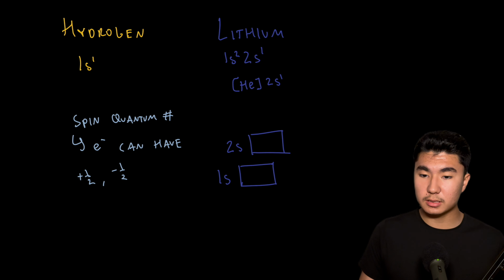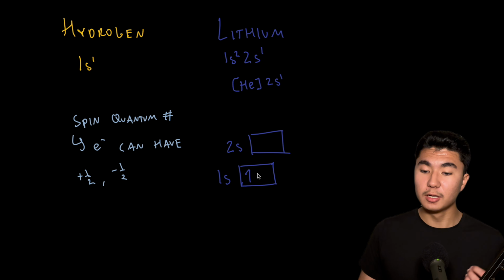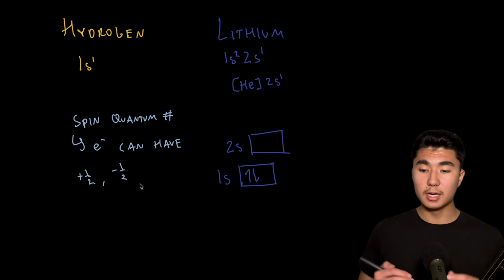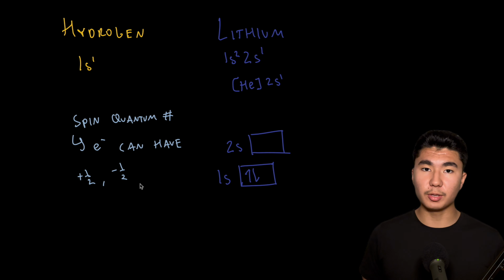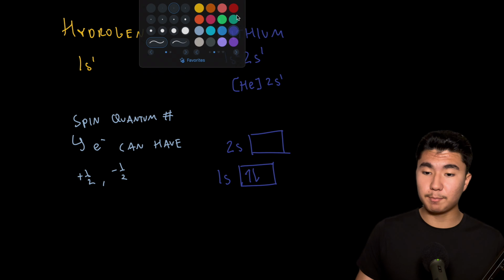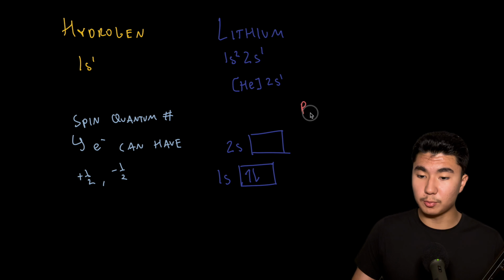So we're going to have an electron pair with one electron having a positive spin and the other having a negative spin over here. So that's the spin quantum number, and I just abbreviated the word number with a pound sign. So another thing we need to talk about is the Pauli exclusion principle.